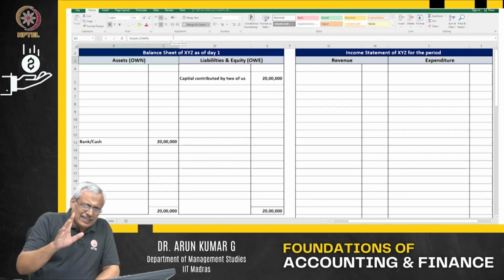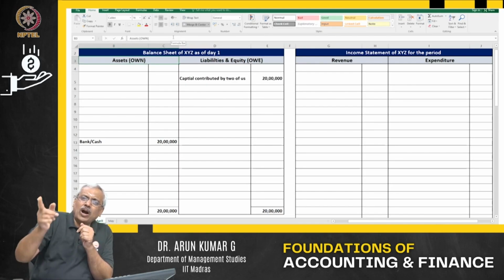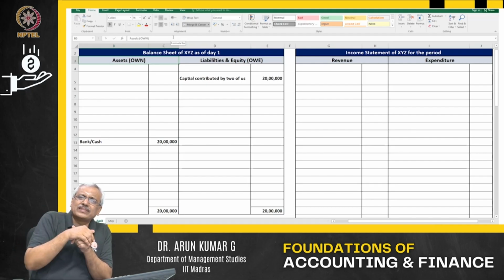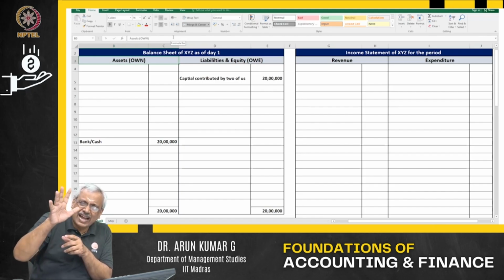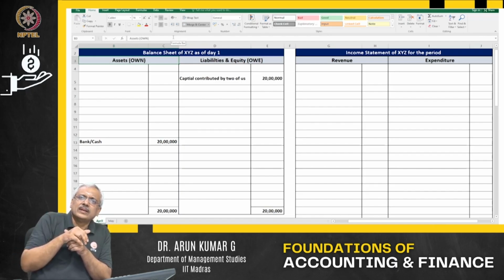Now, immediately with the capital, I go out and buy a machinery. I place an order for a machinery and take delivery, plant and machinery. Now, the machinery costs about 50 lakhs. I have paid 5 lakhs in the form of a check or cash, whatever it is.